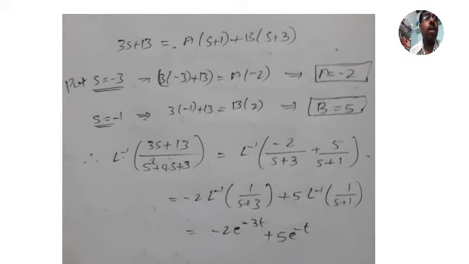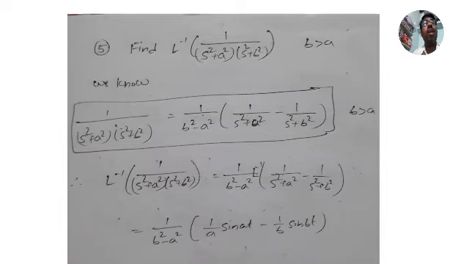Now the next problem is: find L inverse of 1 by s square plus a square into s square plus b square, where b greater than a. So very important, many times it has come for 5 marks and it is very simple, only 2-3 steps, but you have to know the formula here.